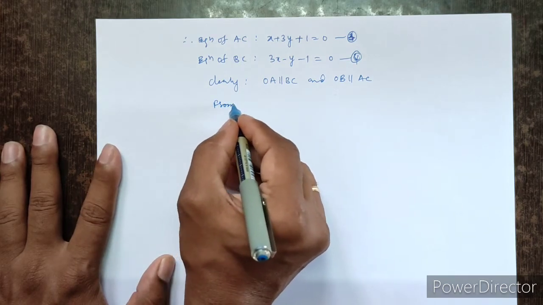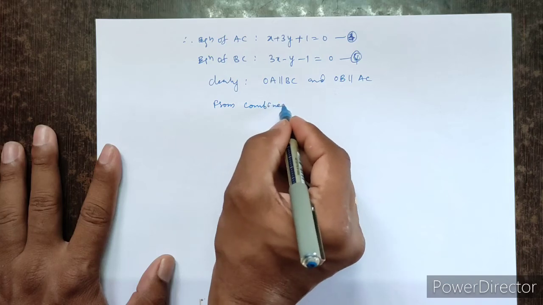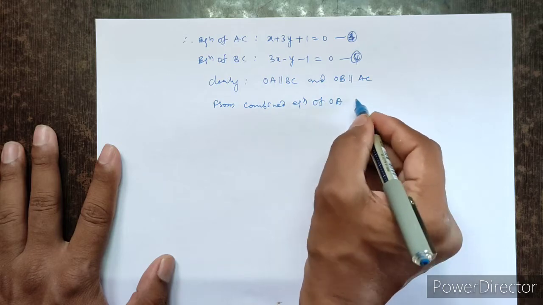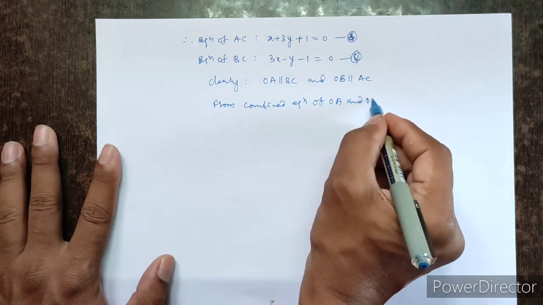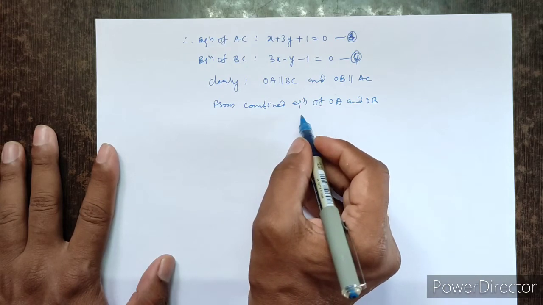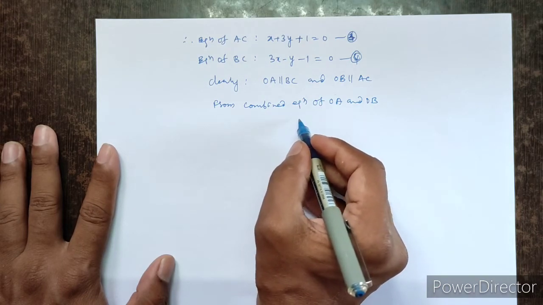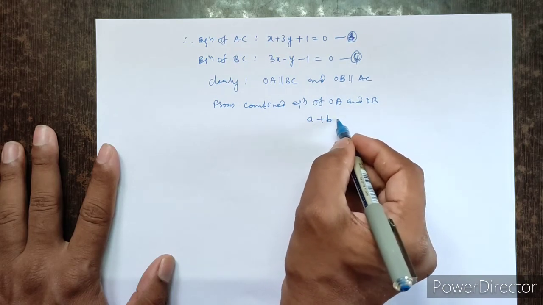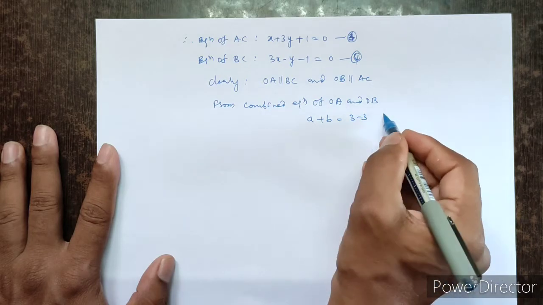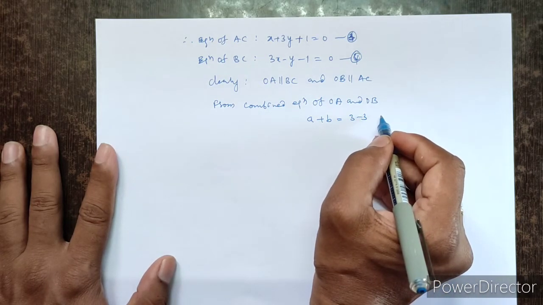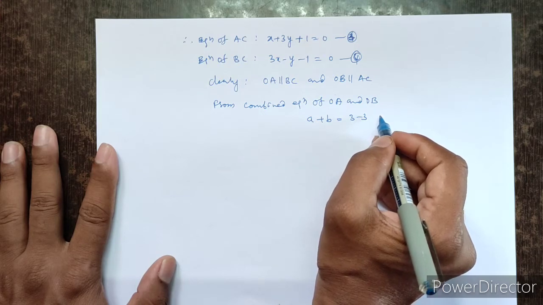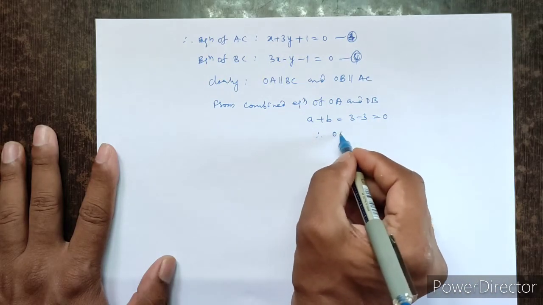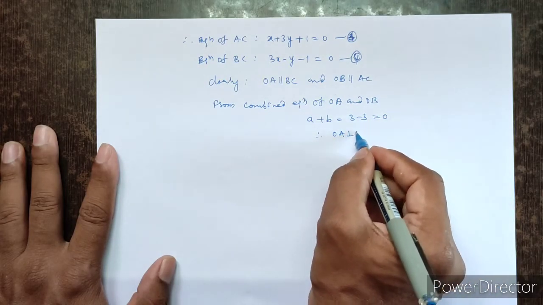From the combined equation of OA and OB, what is A? Coefficient of x square and coefficient of y square are 3 and minus 3. So in the given combined equation of OA and OB, A plus B equal to 0. Therefore OA is perpendicular to OB.